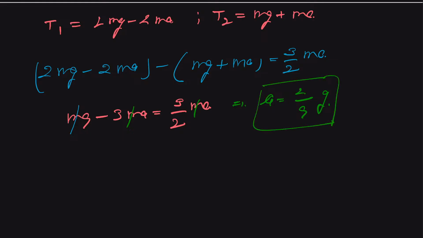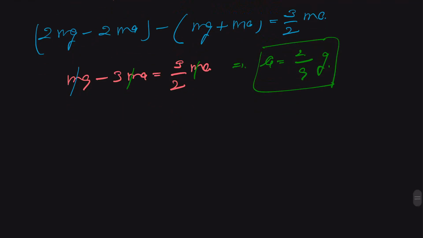Now we can use the kinematics equation. v square equals u square plus 2as.